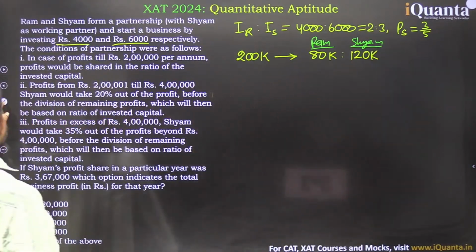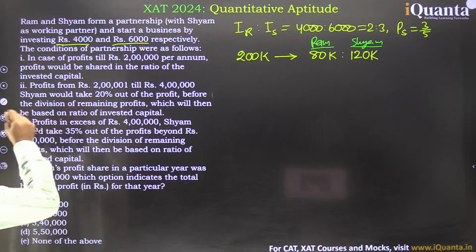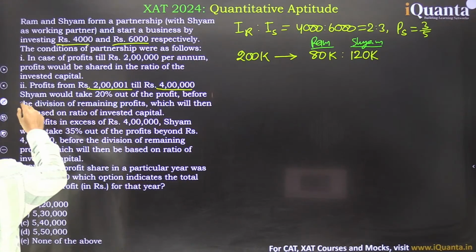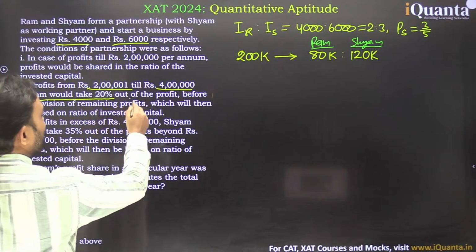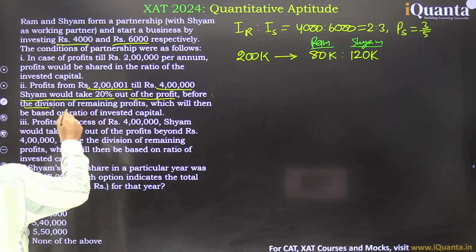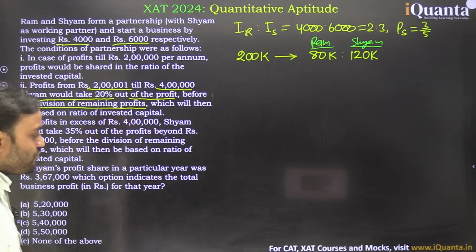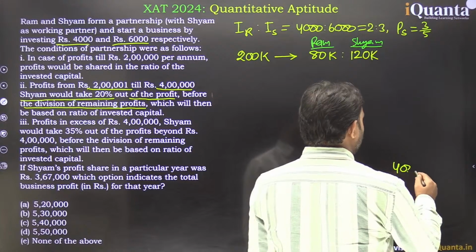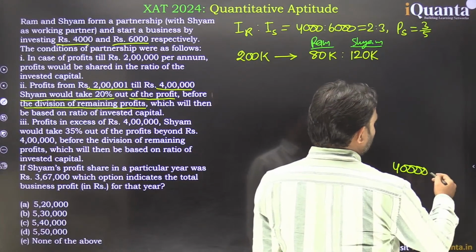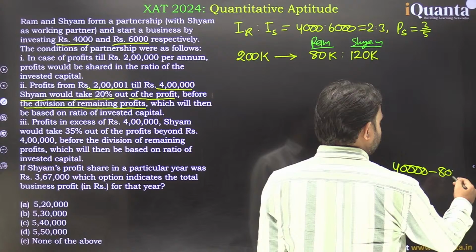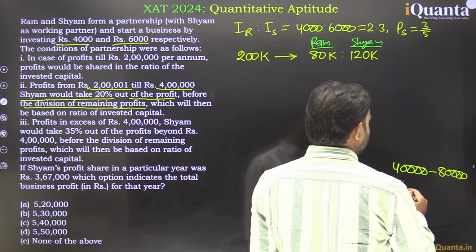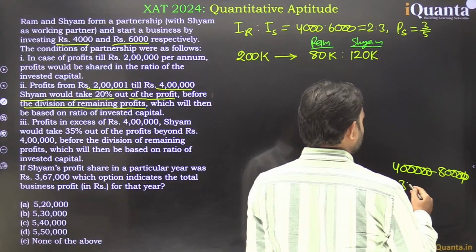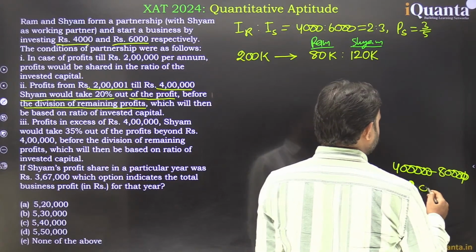Now next it says that profits from 2 lakh 1 rupees till 4 lakhs, Shyam would take 20% out of the profit before the division of the remaining profit. So what will happen here? Let's see. Rough sketch. Out of 4 lakhs, if you remove 20%, which is 80,000, you get 3 lakhs 20,000.